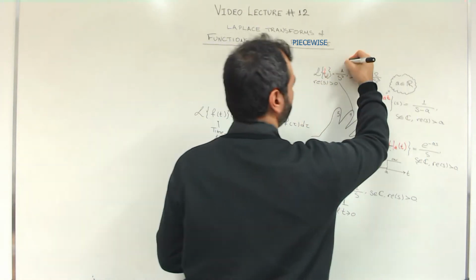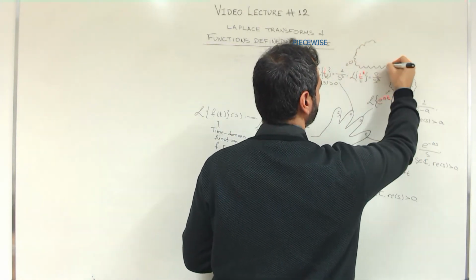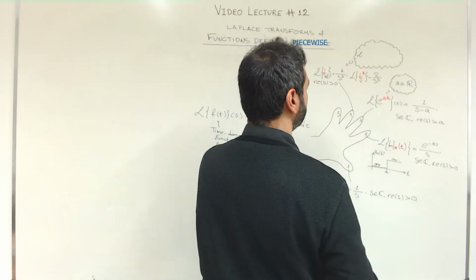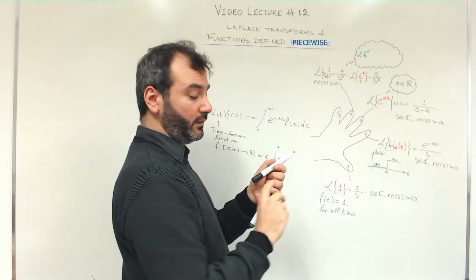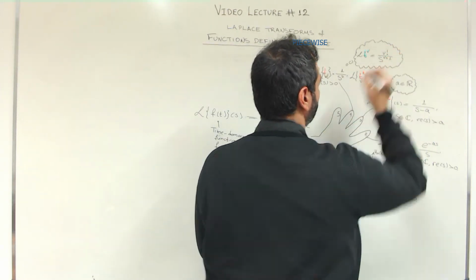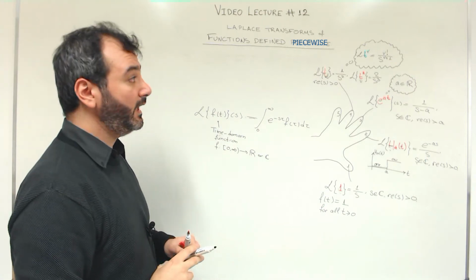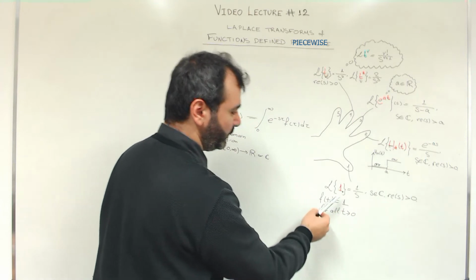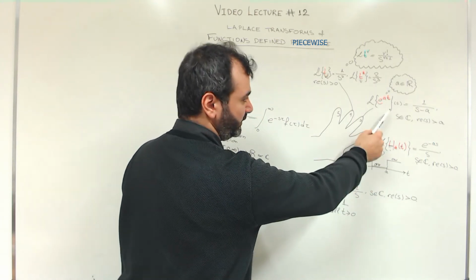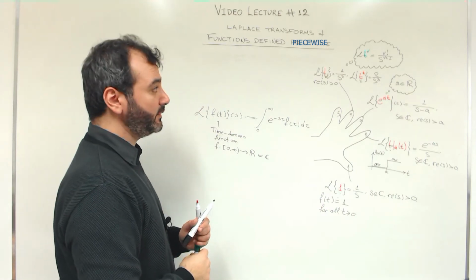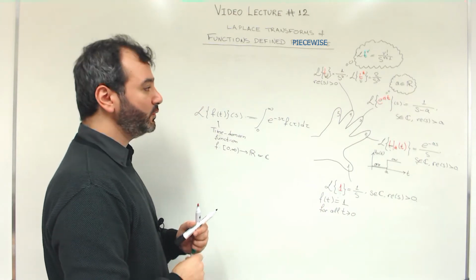And if you continue this procedure, you can find that the Laplace transform of t to the nu power is nu factorial divided by s to the nu plus 1 power. So we have, once again, constants, Heaviside function, exponential, polynomial type terms, t squared, t cubed, and so on.